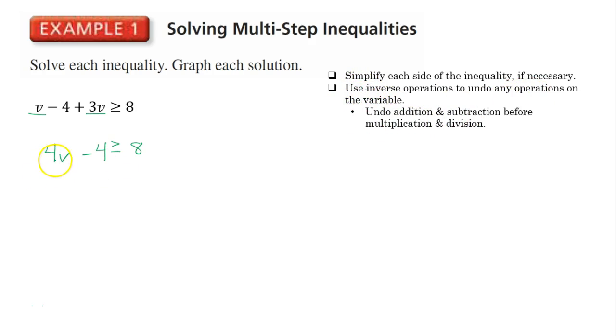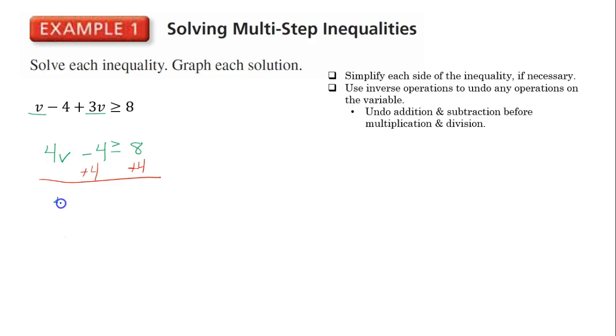Addition and subtraction before multiplication and division. So I'm going to undo the minus 4 before I try to undo the times 4. The inverse operation of minus 4 is plus 4. So I'm going to add 4 to both sides of this inequality.